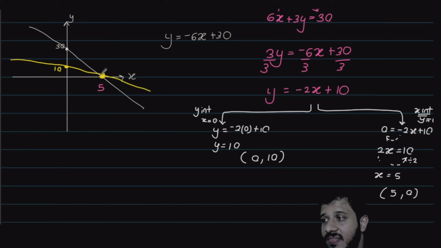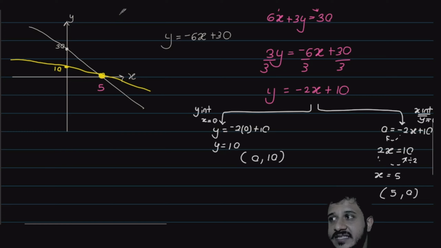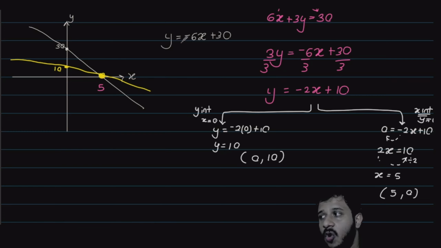Now, at the point of intersection, what happens? Both of these graphs will have the same x value and same y value at the coordinate. Am I correct? Even this graph is going through this point, even this graph is going through this point.